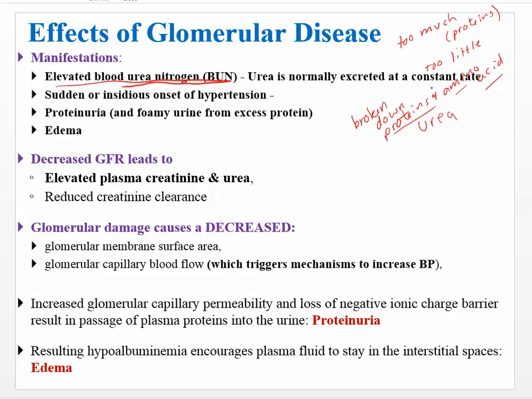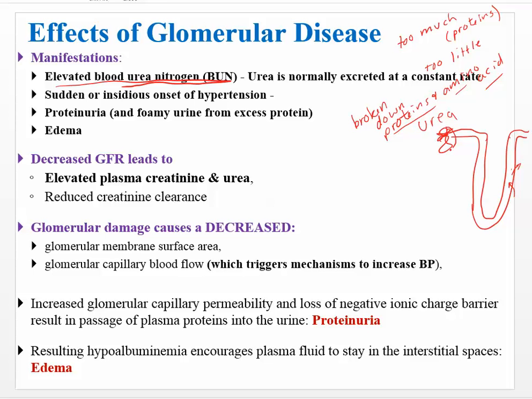Okay, so we can see that urea is a way to detect how well the kidneys are working in a lot of ways, because as the urea moves through the tubules, or this is a nephron, the glomerulus is over here. Some of this urea is secreted, some of it moves in, some of it moves out, so urea has a very predictable way of behaving.